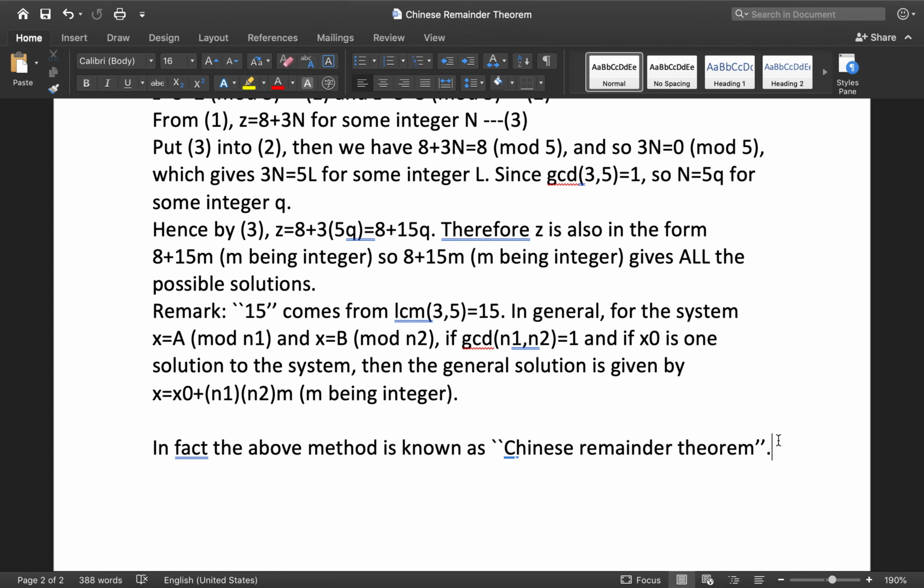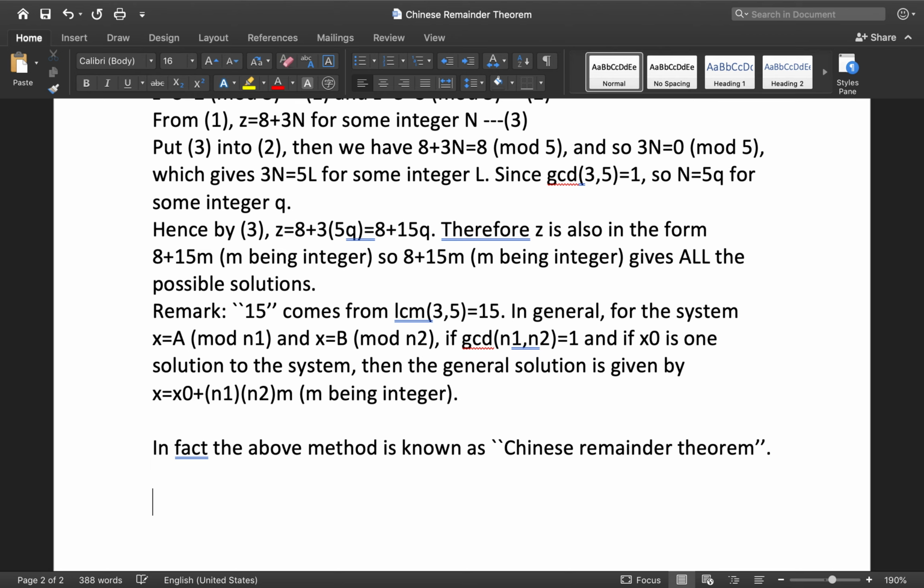So I think 3 is enough. If you understand the way of solving a system with three equations, then I'm pretty sure you understand the method. The method is very similar to the case of two equations. You just have to be very patient and solve the problem step by step, and then you will get it.